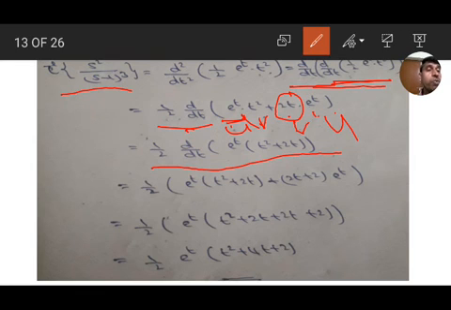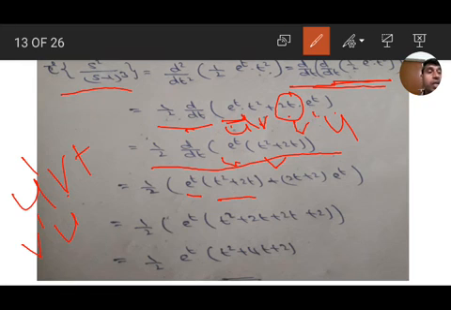Again, in the derivative, e to the power of t is the u and t square plus 2t is the v. Again, u dash v plus v dash u. The formula is u dash v plus v dash u. So u dash is the derivative of e to the power of t, which is e to the power of t, and t square plus 2t is the same v. Next, v dash: the derivative of t square plus 2t is 2t plus 2, and u means e to the power of t.